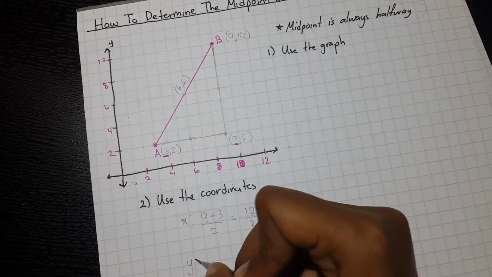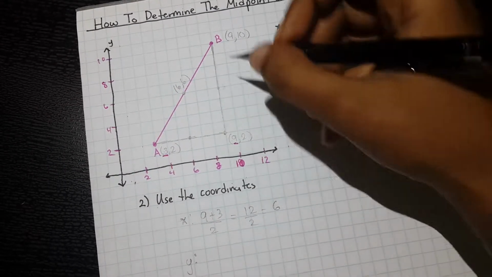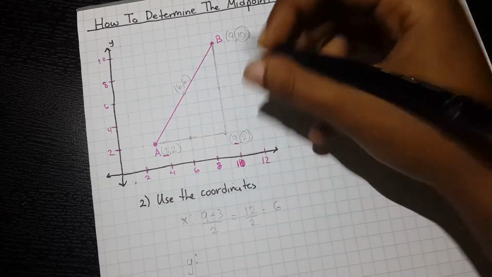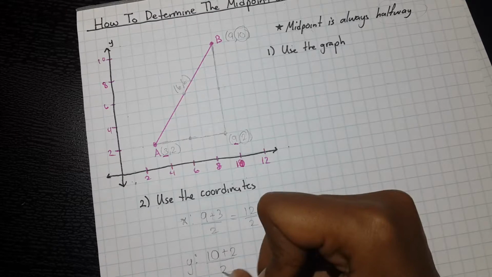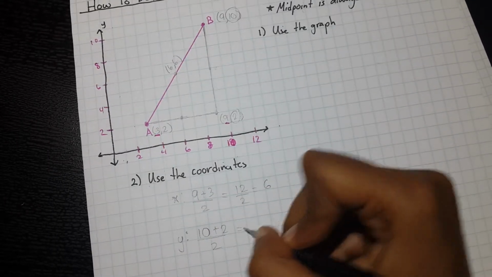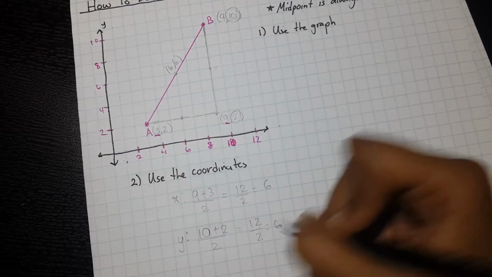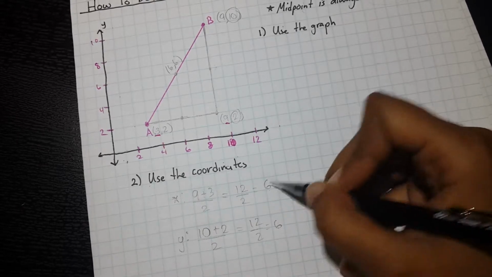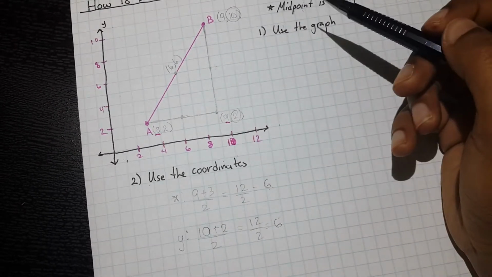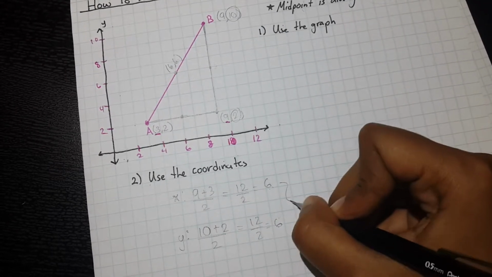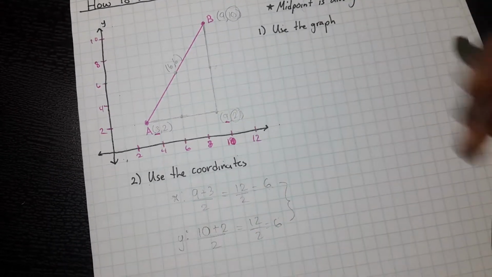Alright, let's try that again with the y's. So here we have 10 and 2. Well, 10 plus 2 over 2. That gives us 12 over 2, and again that's 6. So our x and y coordinate for the midpoint is 6, 6, just like we have on the actual graph. Now, how can we write that with just general expressions?